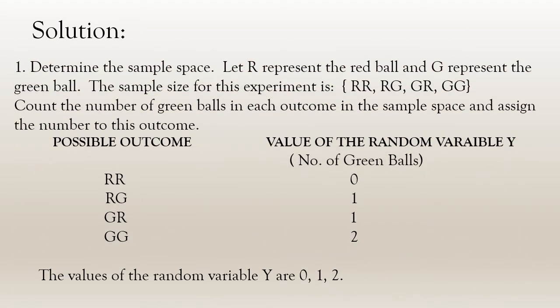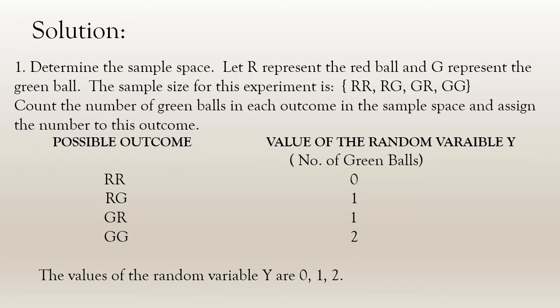Solution. Una, determine natin yung sample space o yung lahat ng possible outcome na lalabas kapag kumuha tayo ng dalawang bola. Let R represent the red ball and G represent the green ball.